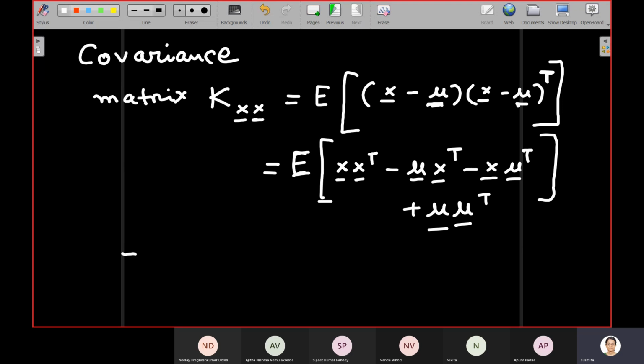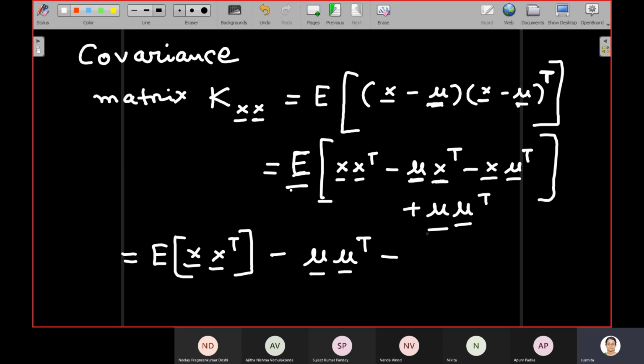So we have E of x x transpose. Mu will come out because we need to operate the expectation operator only on the random term. E of x is actually mu, and E of x transpose is actually mu transpose.